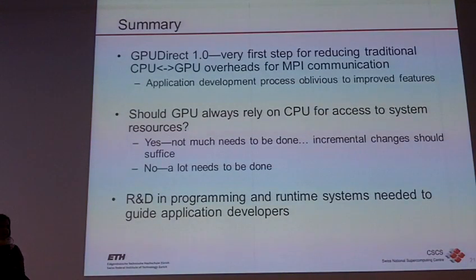And then we can ask ourselves, is this underlying assumption that we are always going to need a CPU to access other system resources? And if you say yes, we can do this incrementally, like GPUDirect 1 or changes, and we'll see how far we go.